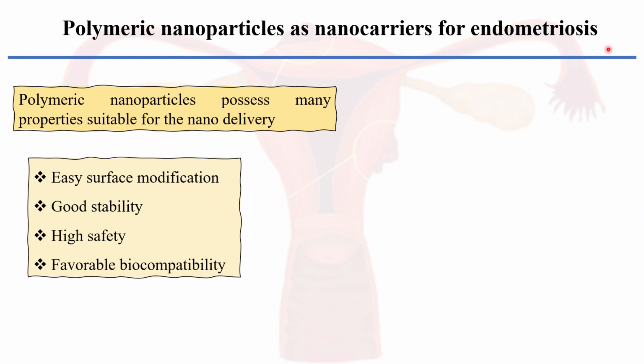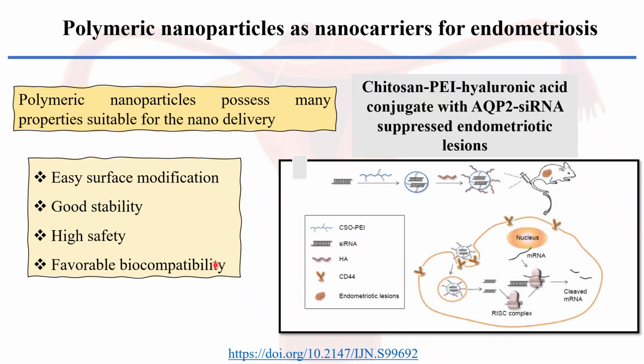Polymeric nanoparticles are produced from natural or synthetic polymers, so we can use them as a suitable carrier for drugs. Polymeric nanoparticles possess many properties suitable for the nano delivery of nucleic acids or drugs due to their easy surface modification, good stability, high safety, and favorable biocompatibility. Here is an example of a polymeric nanoparticle for endometriosis therapy.